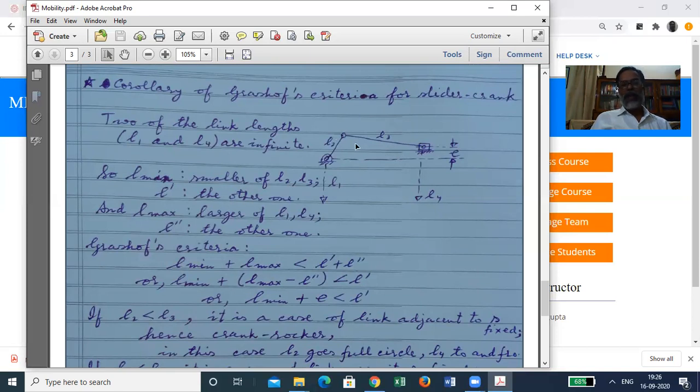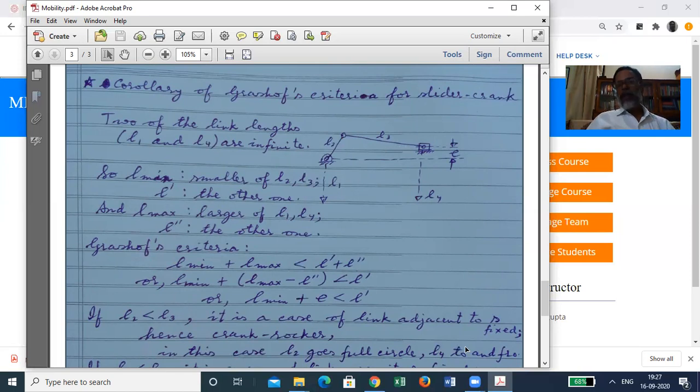So as this goes full circle, it can because it is the crank, as we have just now seen. So this comes leftmost and then goes rightmost, then leftmost, rightmost, and that one oscillation takes place in one cycle of motion of the crank. In this case, L2 goes full circle, L4 to and fro.